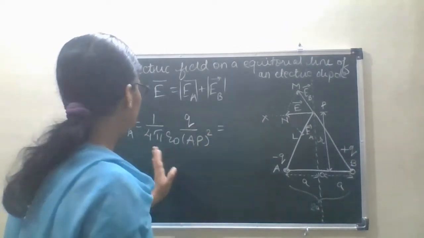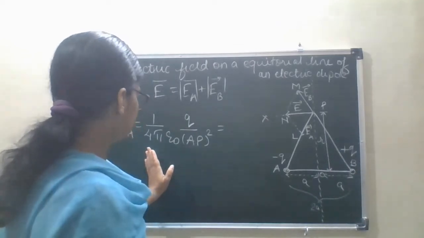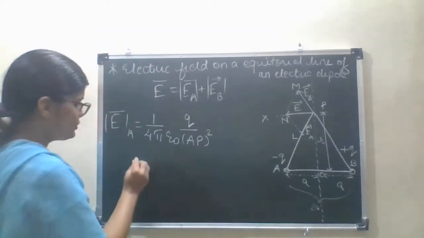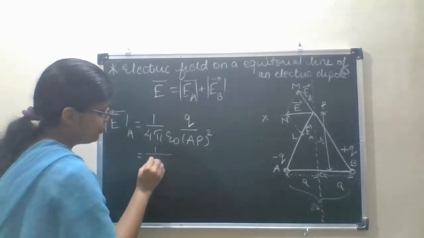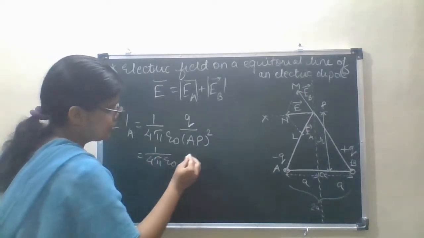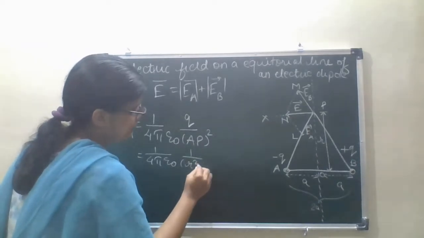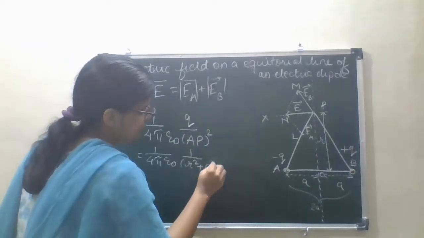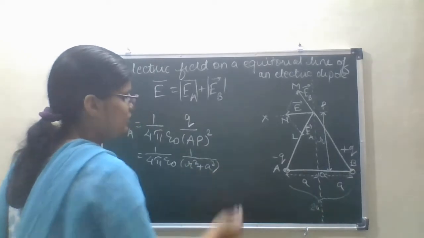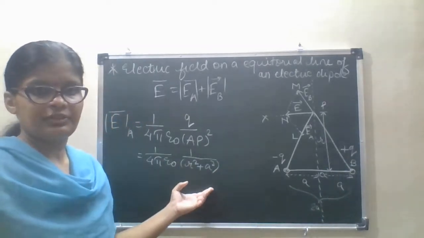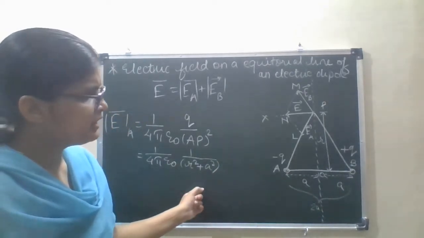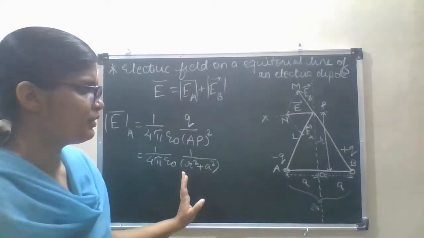Then further the equation will be 1 upon 4 pi epsilon naught, 1 upon r square plus a square. Yes, we can directly write r square plus a square.